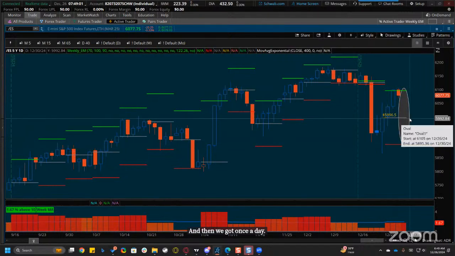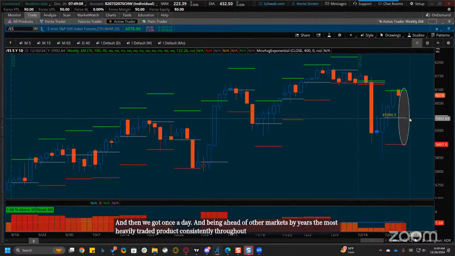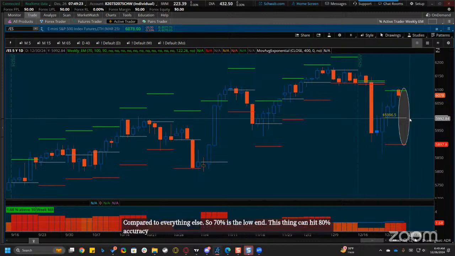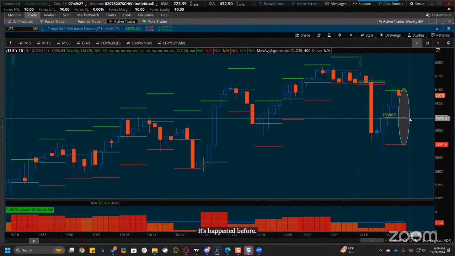Being ahead of other markets by years, the most heavily traded product consistently throughout the entire life cycle of options, it just has a very accurate expected move compared to everything else. So 70% is the low end. This thing can hit 80% accuracy for months at a time. It's happened before. So we expect to close inside this range 70 to 80% of the time.